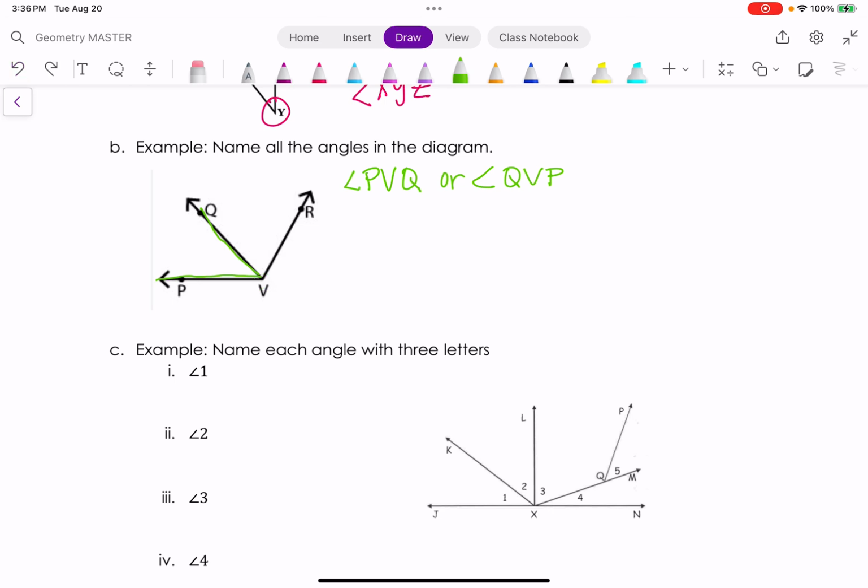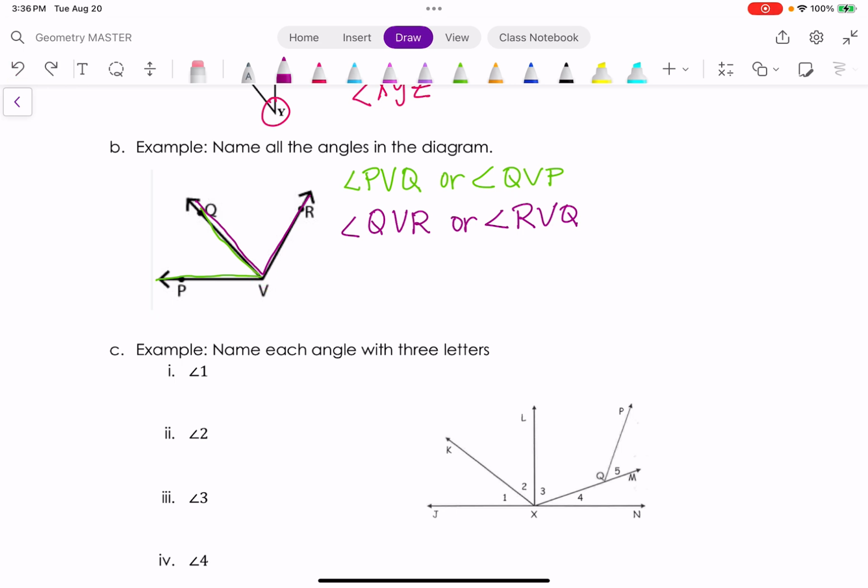Now I'm going to name this angle right here. That would be angle QVR or angle RVQ. So the key is that V is in the middle on this one as well.